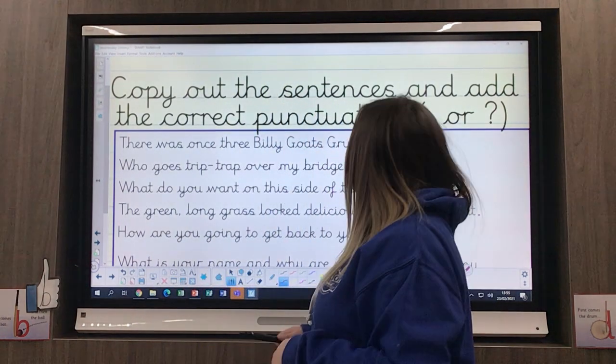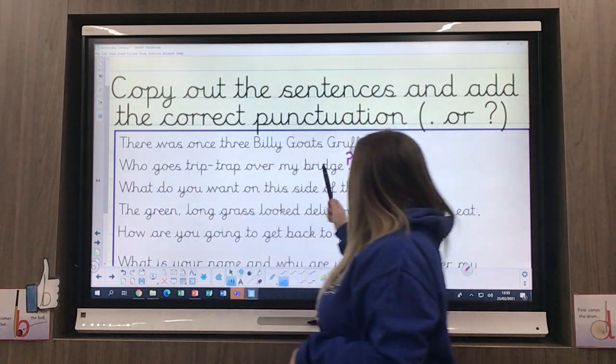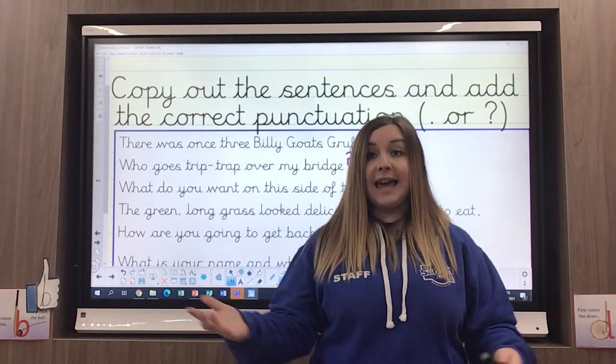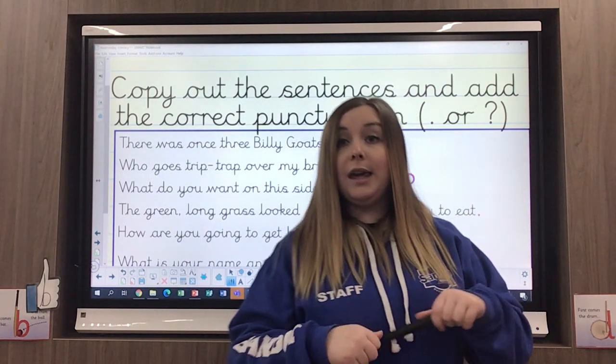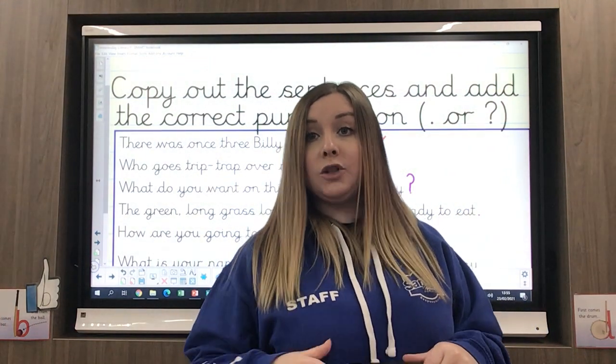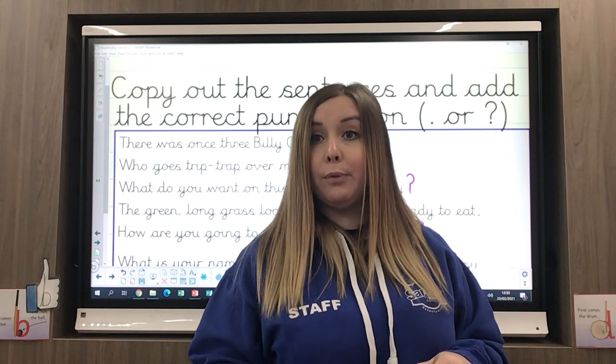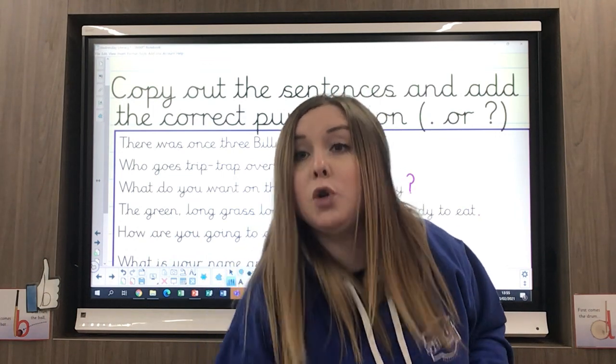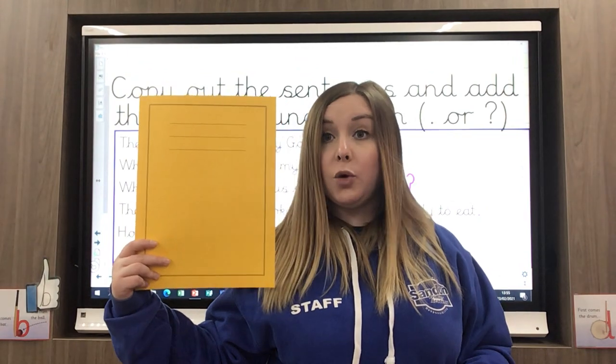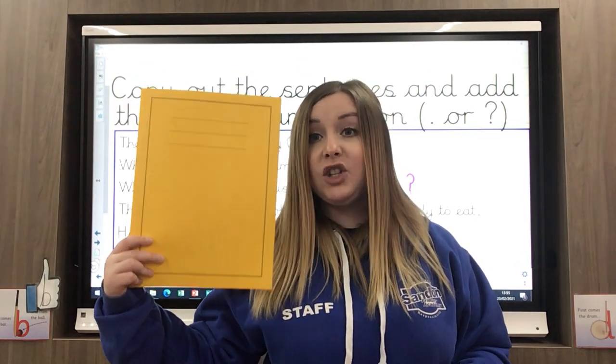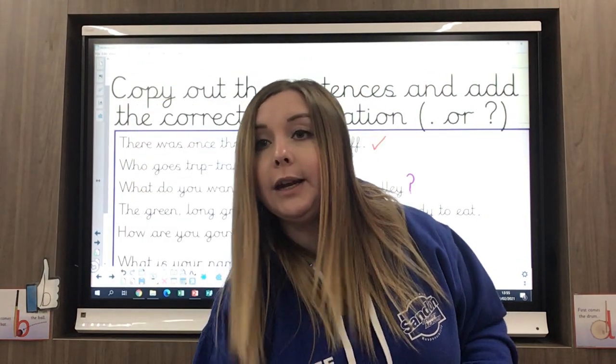So I'll do this one. Who goes trip-trap over my bridge? And the answer is the three billy goats gruff went trip-trap over the bridge. So I want you to also write down the answers in your yellow book. Okay, the challenge is still part of your learning.